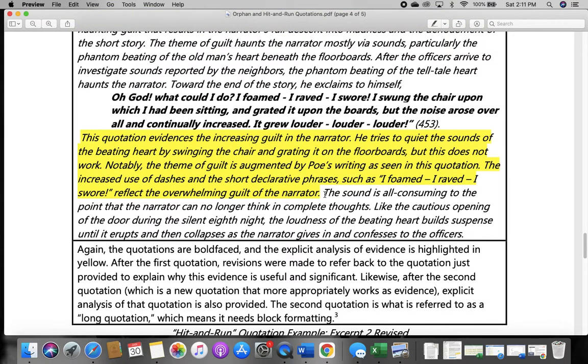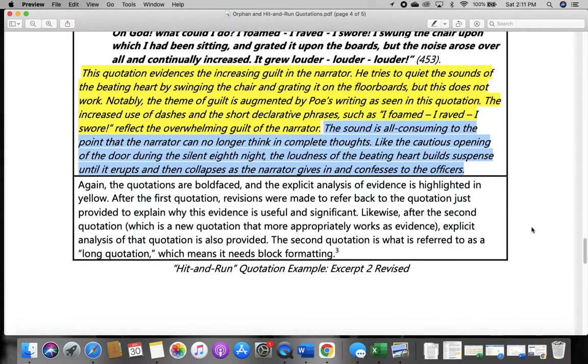And then I go on, and this part would be that third part of step 3 of the model. So it's not just about this piece of evidence. It's the overall argument of the paragraph, and I kind of close it out.